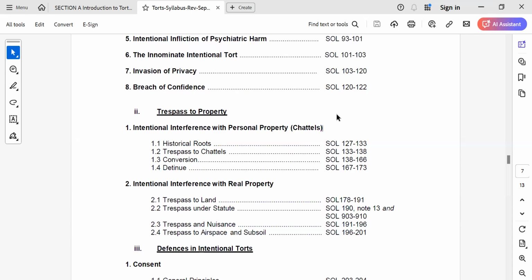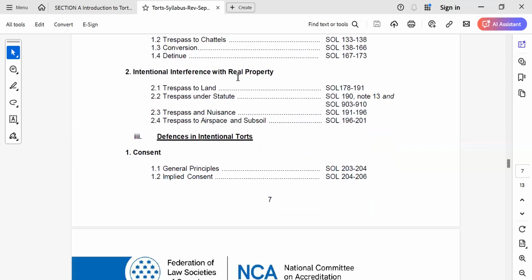Those are movable, and how you are getting interference with your personal property is covered under this part. And intentional interference with real property, trespass to land, under statute, like if it is already covered under any law, that comes under there.